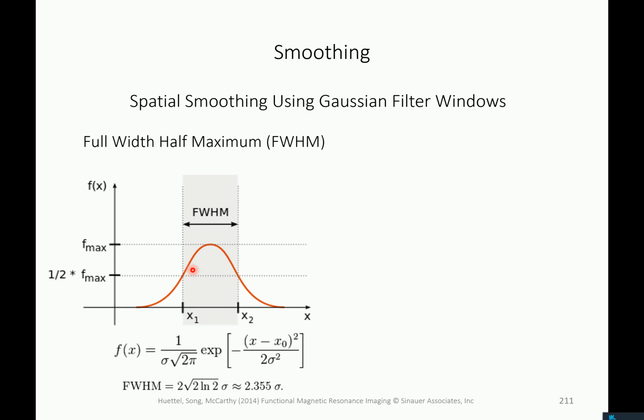If you have a large standard deviation, you have a large full width at half maximum. Half maximum means that you are at the half between 0 and its maximum, and the question is what's the full width here. That's the conversion formula between standard deviation and the full width at half maximum, and this is how things are quantified for Gaussian spatial filters.